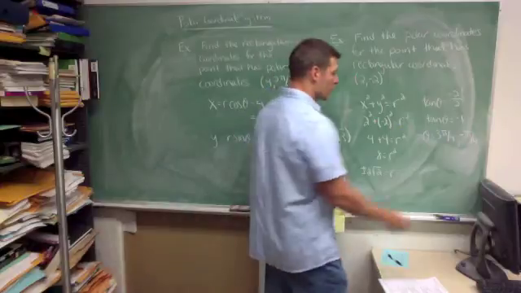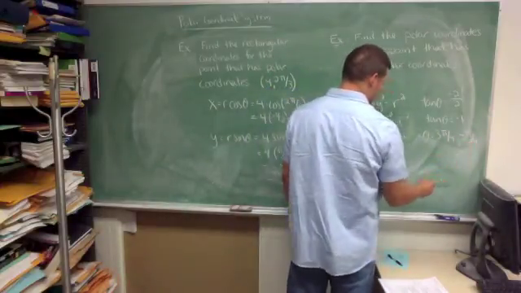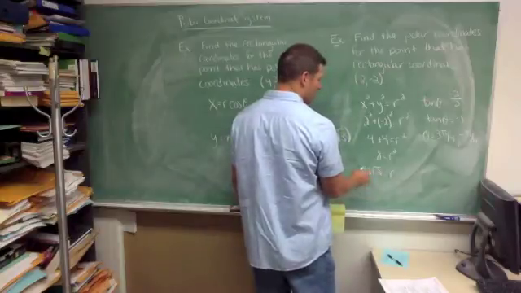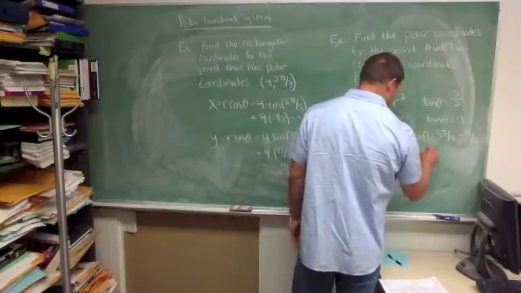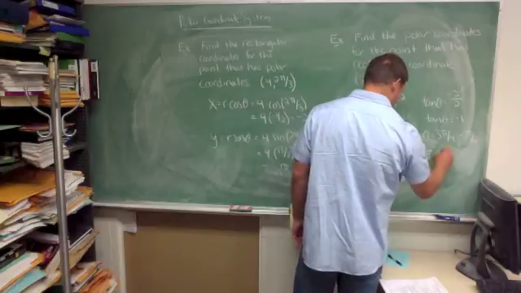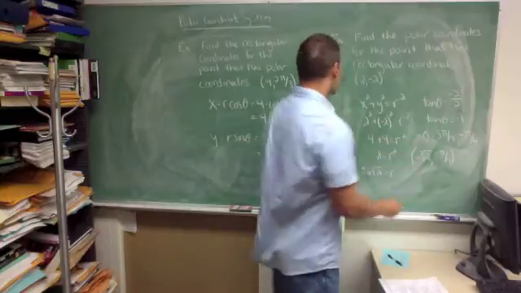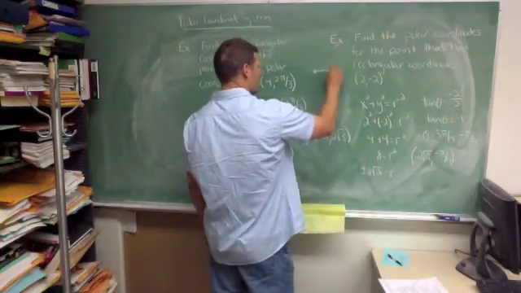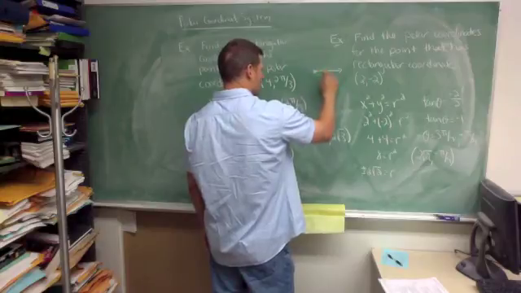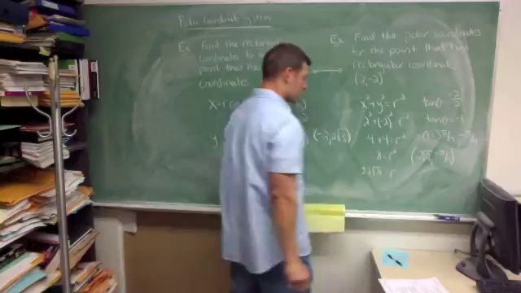So if I have negative pi over 4, which is in quadrant 4, then I'm probably going to want positive 2 root 2. Why? Because if I start with my polar axis, I move pi over 4 this way, I want to be in that quadrant, then I'm going to take positive distance of 2 root 2.